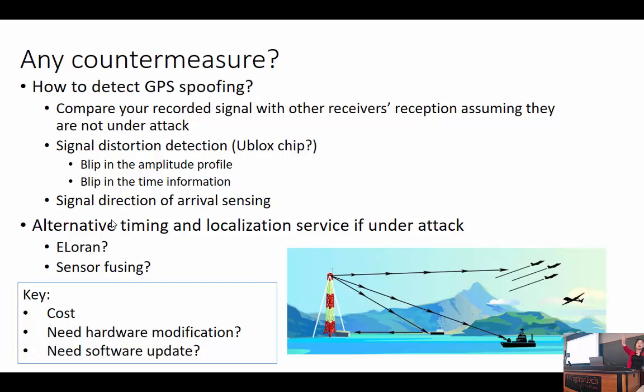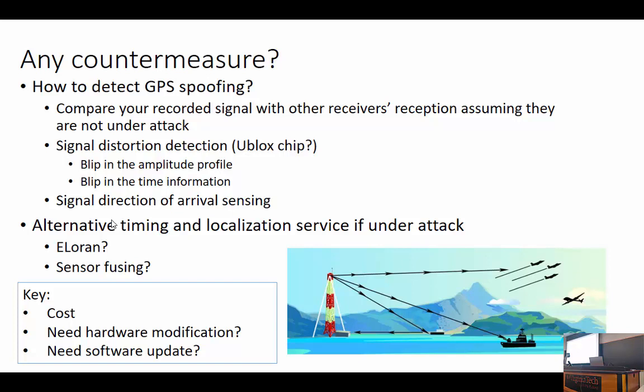So if you can detect the direction of the signal arrival, you will be able to tell that the signal is not from the right direction. And so that's for GPS spoofing. These things will not work for GPS jamming.